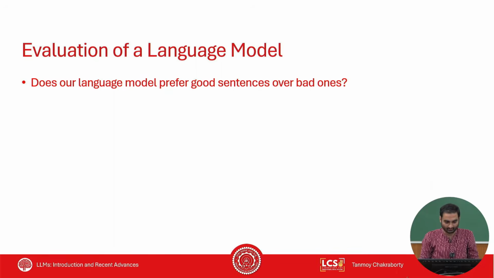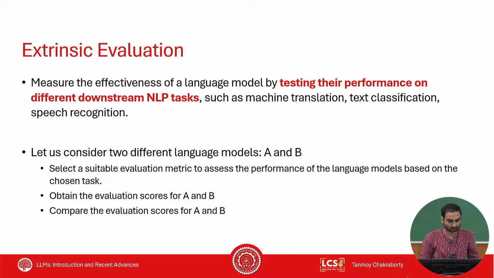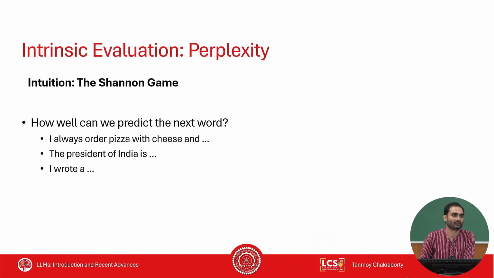Okay, and for that we use a metric called perplexity. Again, the motivation behind perplexity comes from Shannon's guessing game, the character guessing game, the word guessing game. If I ask you this sentence, I always order pizza with cheese and dash, what would be the answer?